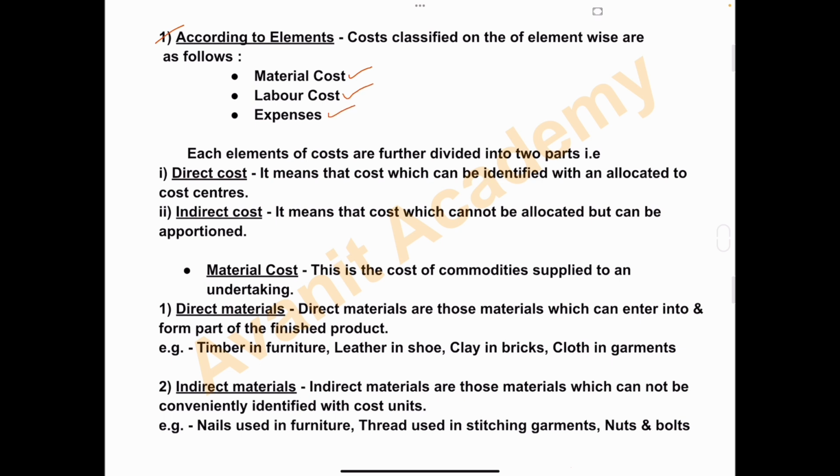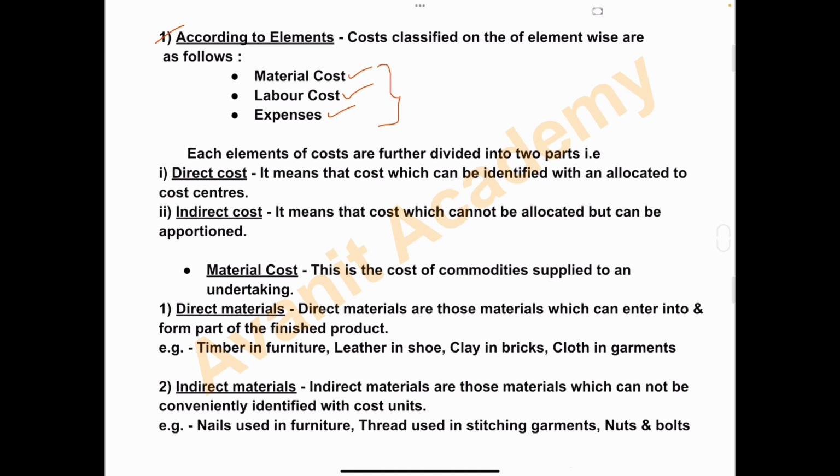Okay, element wise costs are classified into three types: material cost, labor cost, and expenses. And these all three costs are again classified into two types, that is direct and indirect. Okay, all these three costs are classified into two groups, that is direct and indirect.